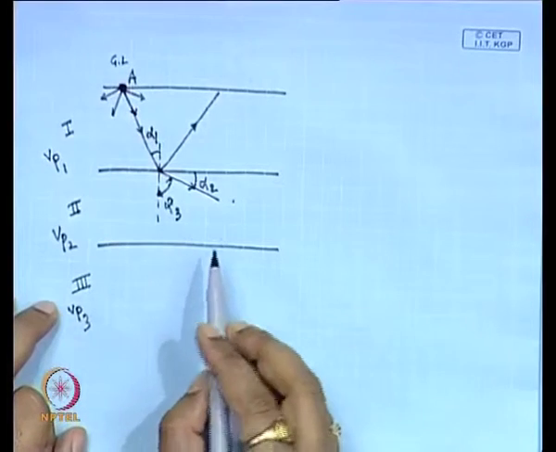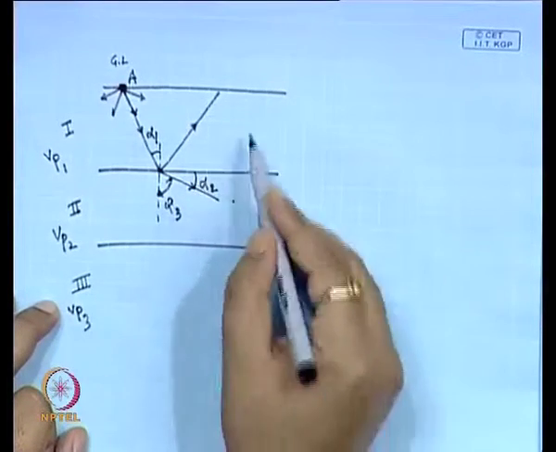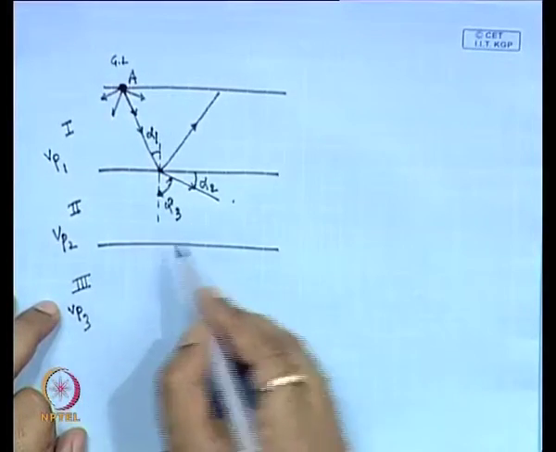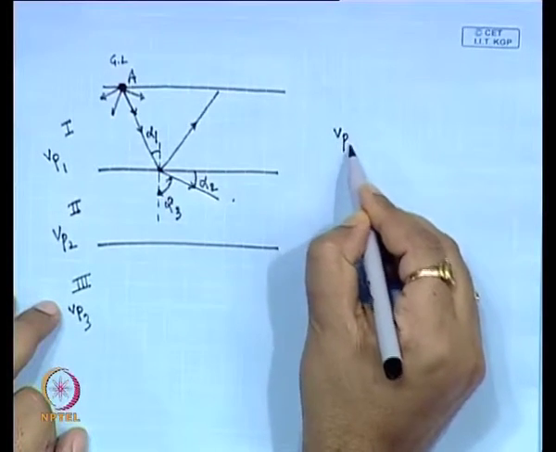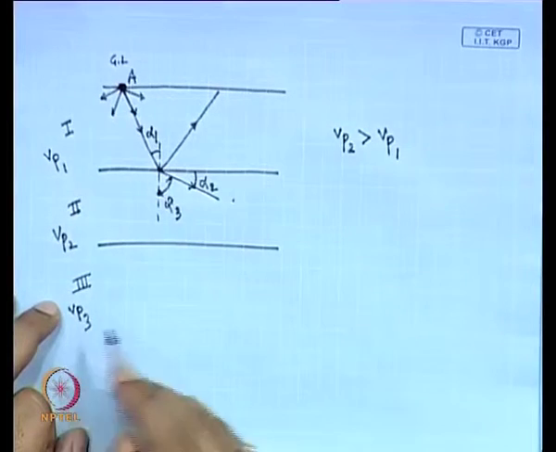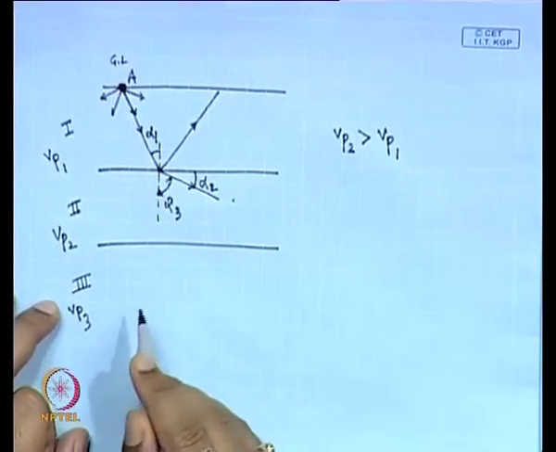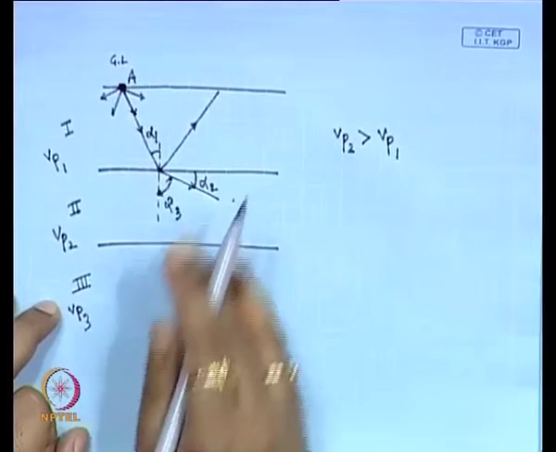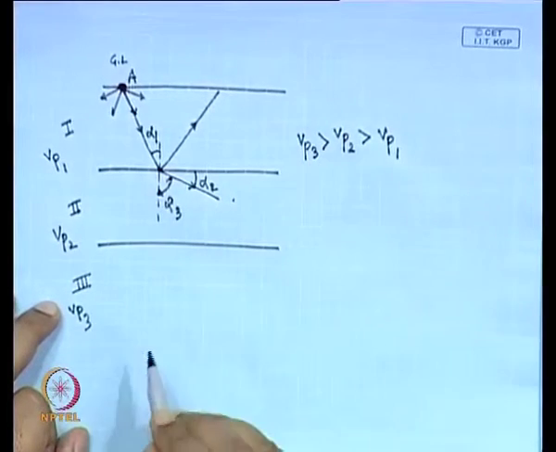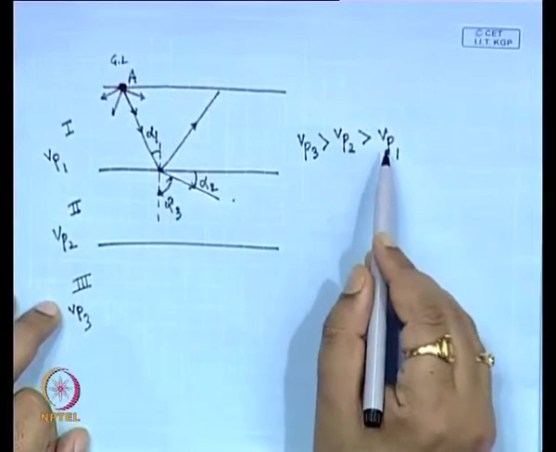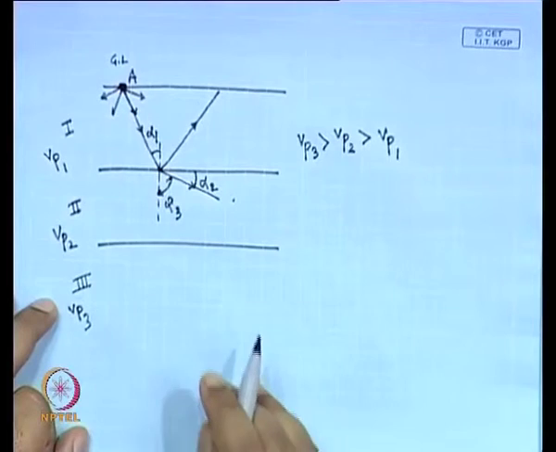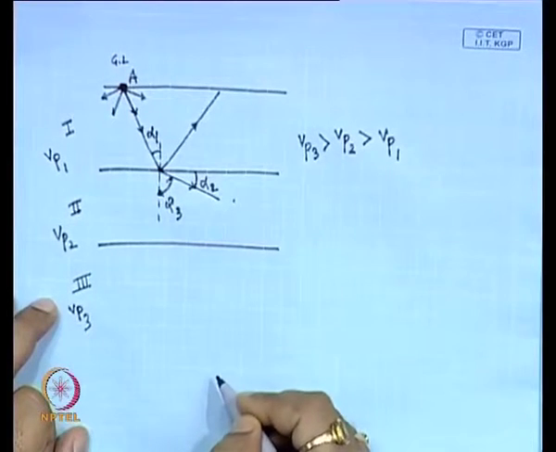Now, one limitation is that this survey is only applicable if V p 2 is greater than V p 1. Under this situation we can do this survey, that means V p 3 is greater than V p 2, which is greater than V p 1, as we go further in the lower direction.